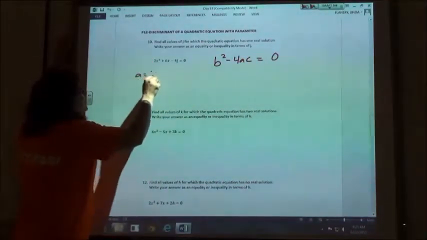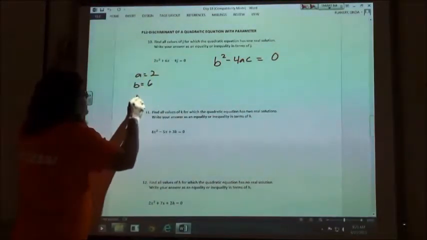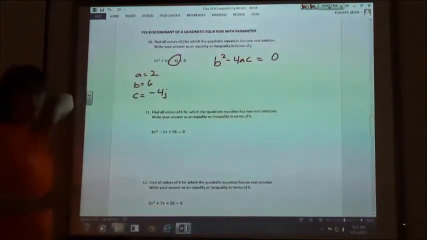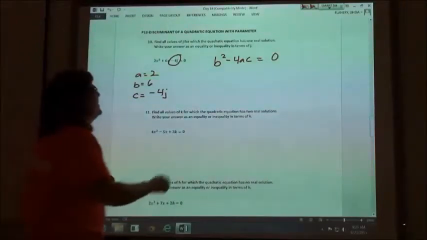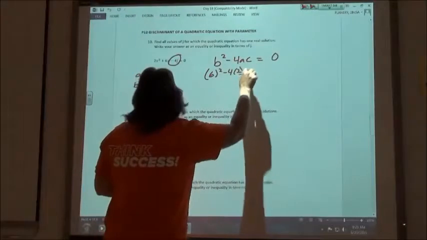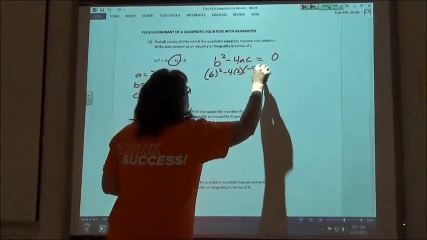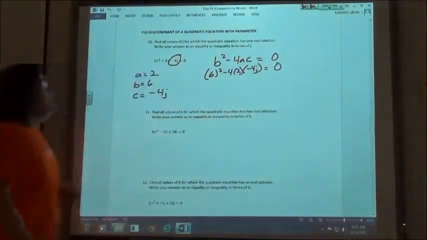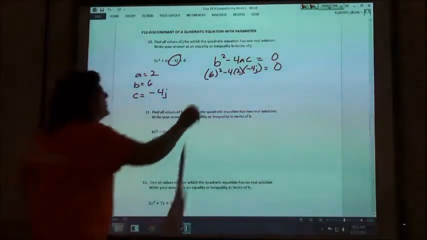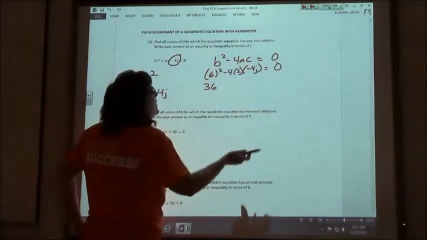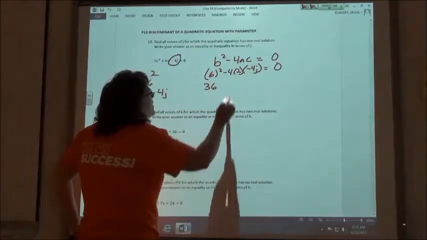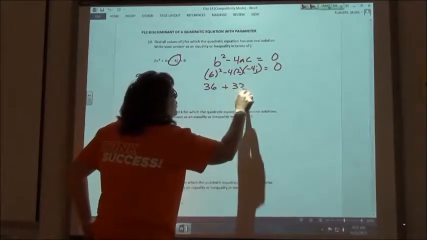My a value is 2, my b value is 6, and my c value is that whole weird thing there, minus 4j. So I'm going to have 6 squared minus 4 times 2 times negative 4j equals 0. And then I'm going to solve that equation. So 6 squared is 36. Negative 4 times 2 times negative 4j is going to be positive 32j.